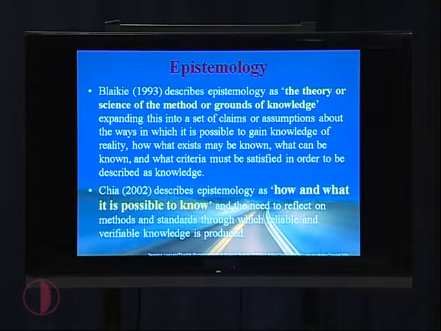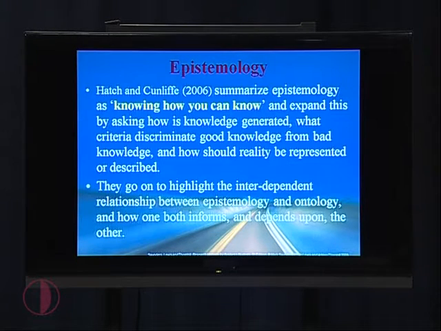How and what is possible to know, and the need to reflect on the method and the standards to obtain knowledge according to some research method, to some standard, not randomly. So knowing how you can know. This expands by asking how knowledge is generated, how we get new knowledge, to expand our knowledge, and to be represented or described as good knowledge.